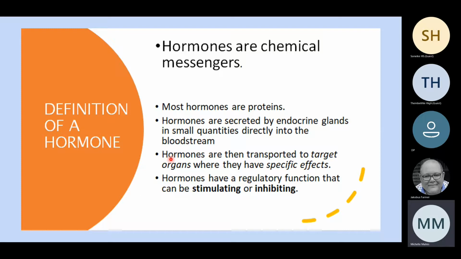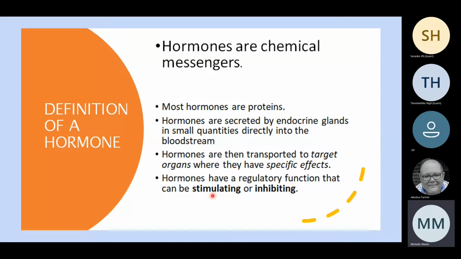Now, the hormones are transported to target organs. This word, target organs, you'll hear this morning quite a few times, because the hormones are transported to the target organs where they have a specific effect. And this effect, they regulate by stimulating or inhibiting a certain function.